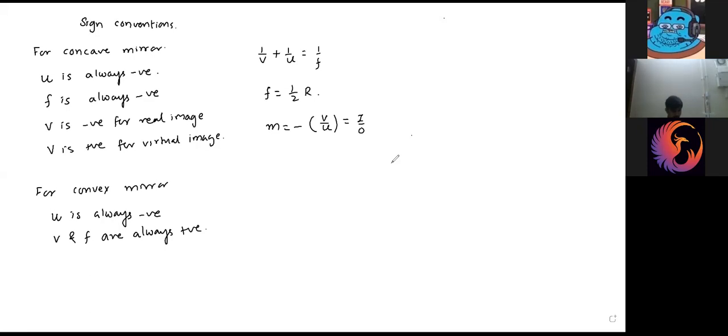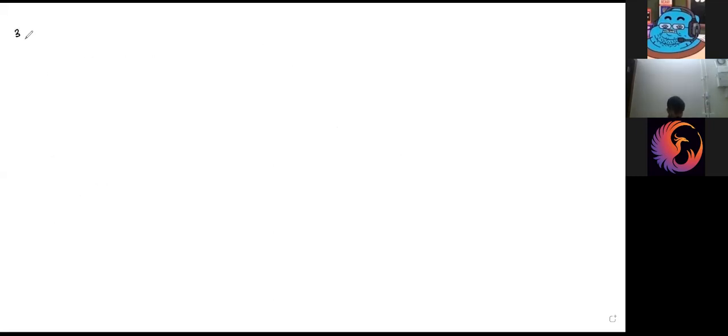I think we don't need to solve the first and second, because they have directly given a question asking for focal length or radius. Check the third one. What is in the third? An object 2 centimeter high, meaning this is the object size, which is 2 centimeter.